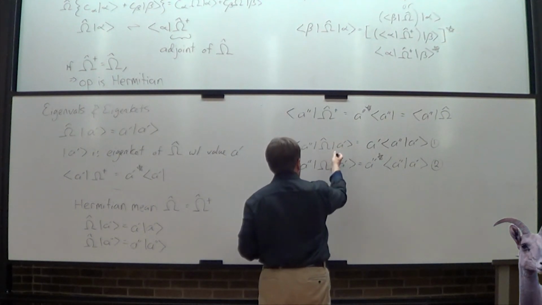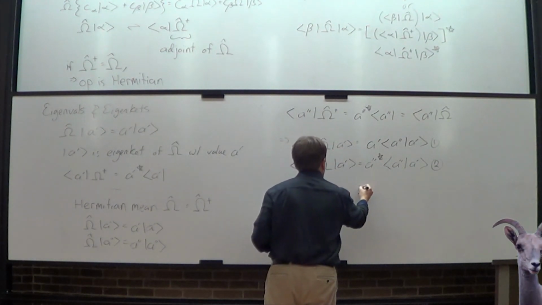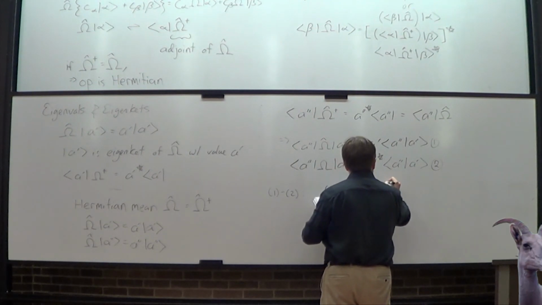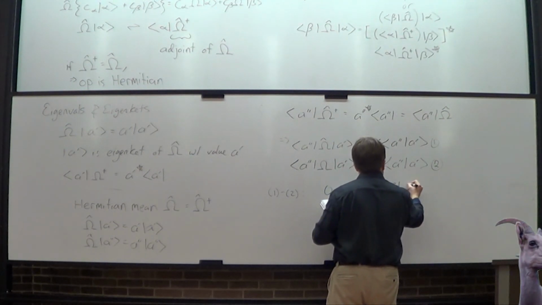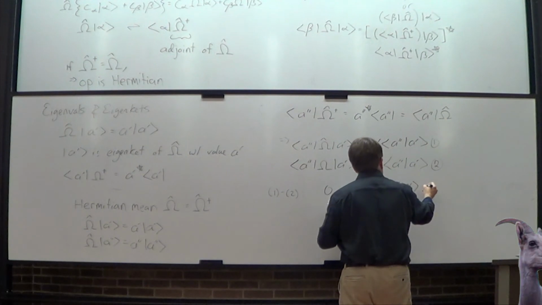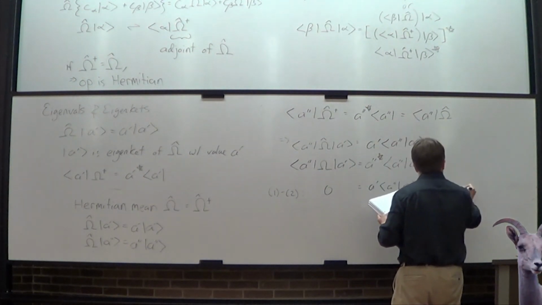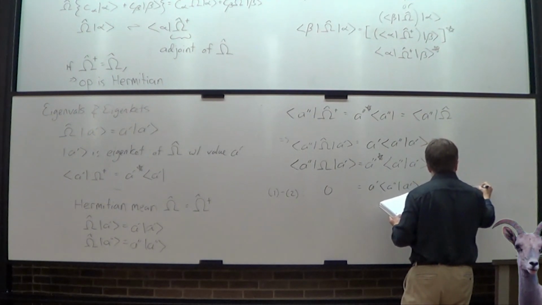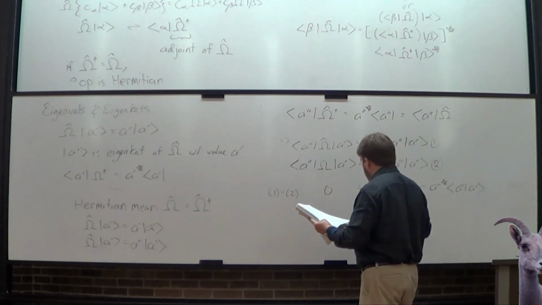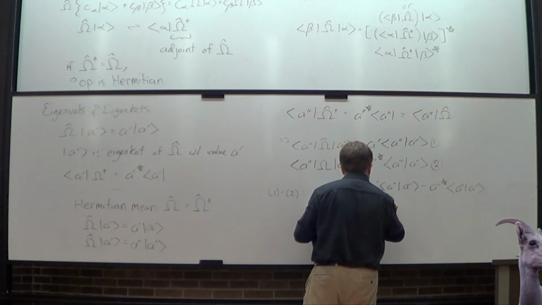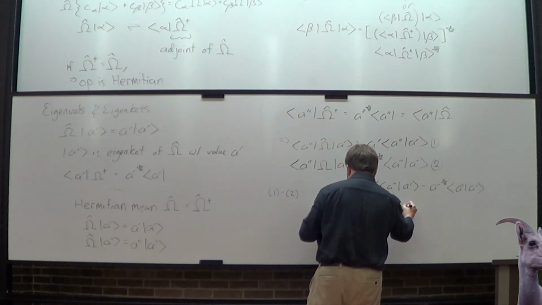So 0 equals, let's deal with this thing: A prime, A double prime inner product, minus A double prime star complex conjugate, inner product, which is the same. And then, of course, I can factor that because it's the same inner product. And this is it. This is the proof.